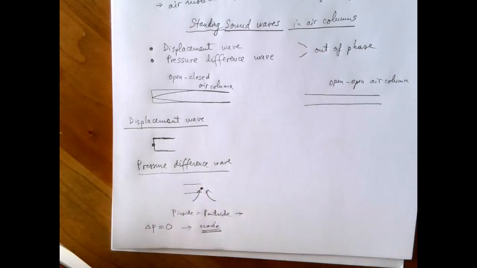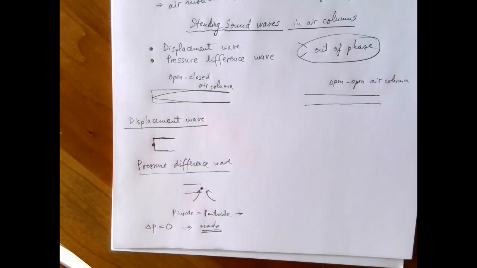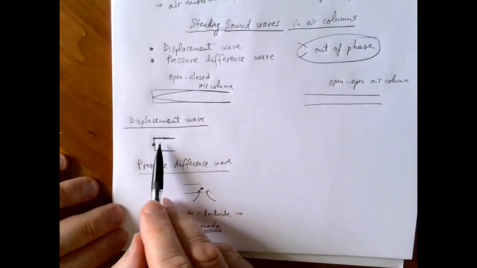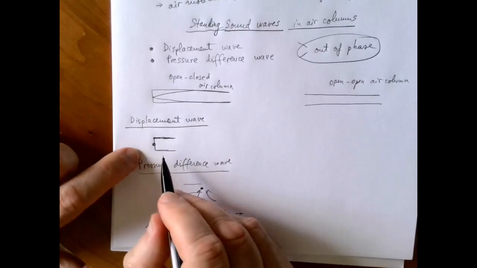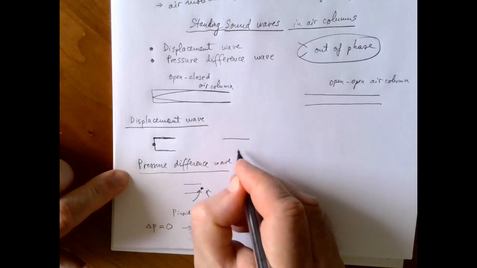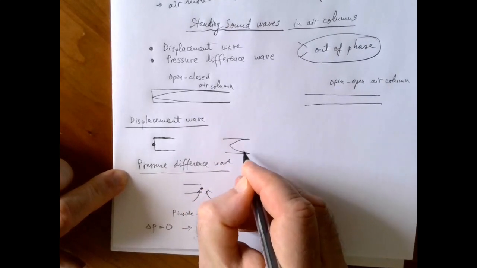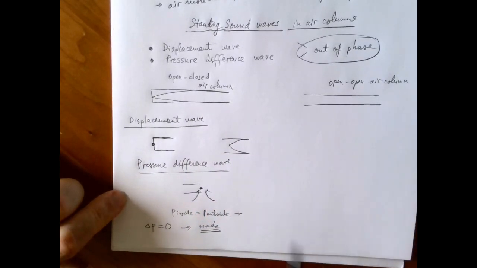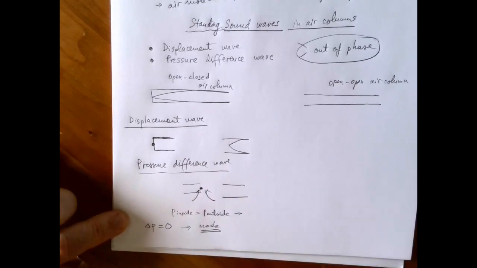And since they are out of phase, that will result in exactly the opposite view for the other wave. So for example, here the displacement wave at the closed end is a node. Well, if I go to the open end, that must be an antinode because the pressure has a node there.